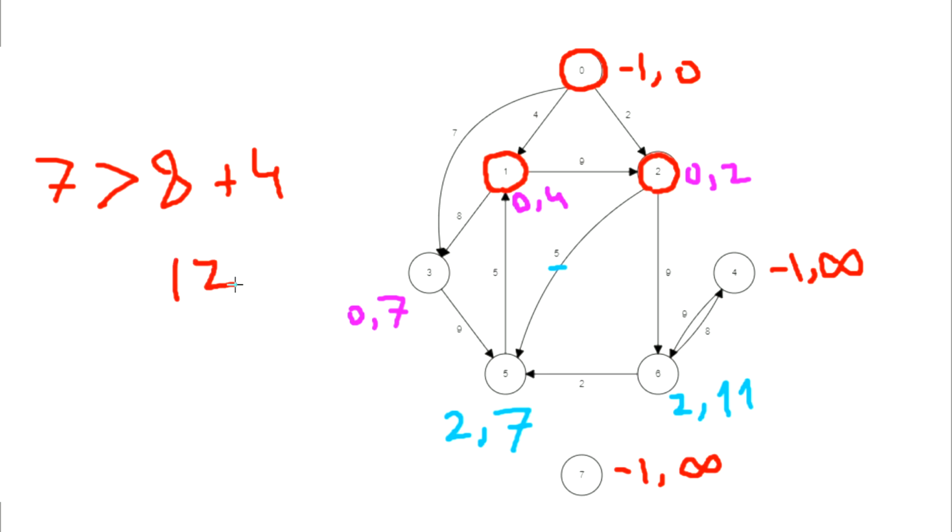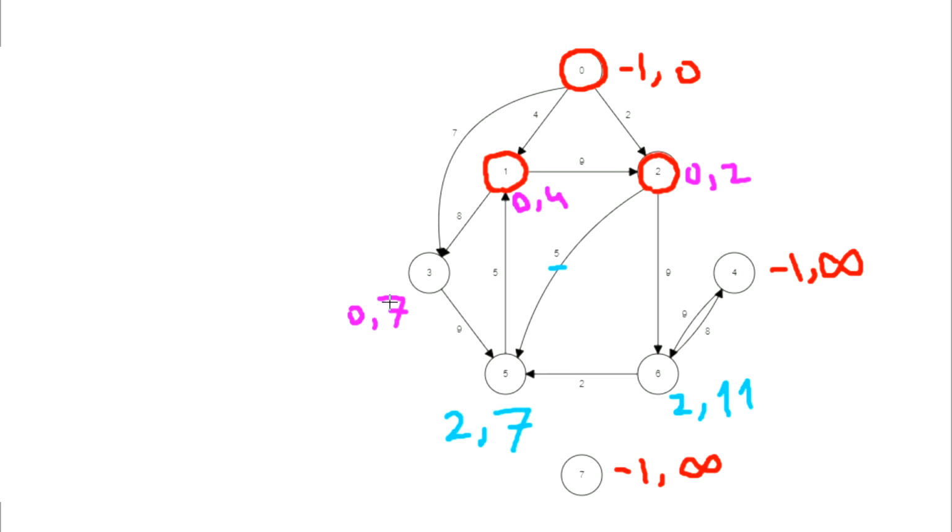So this is 12. This is 7. All right, so this is not true. So we're not going to change the vertex properties, because 7 is a shorter path than 12. So we're not going to change it.